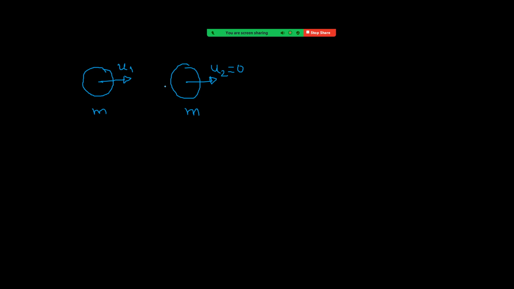That means some part of the kinetic energy converts into deformation potential energy. Now he is asking minimum kinetic energy. Kinetic energy minimum means that potential energy is the maximum. So when potential energy is maximum, their velocities will be the same.